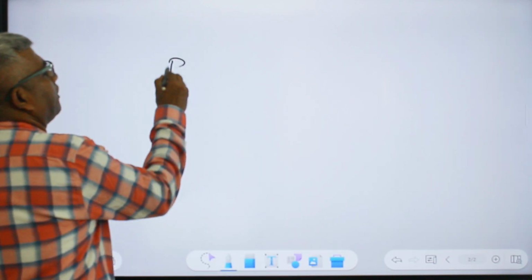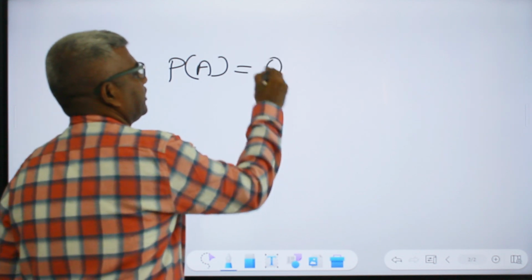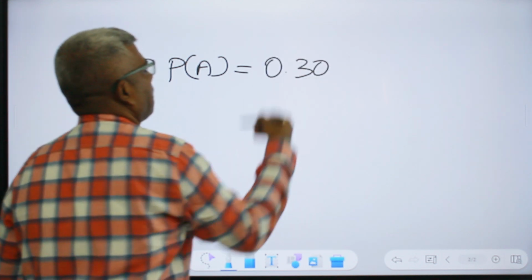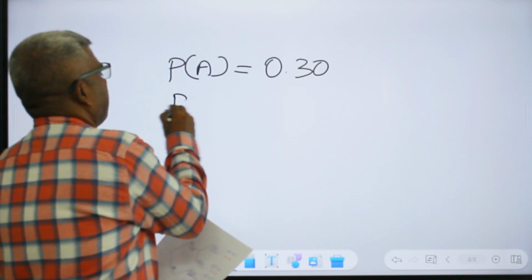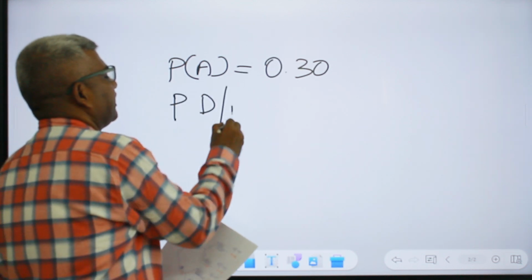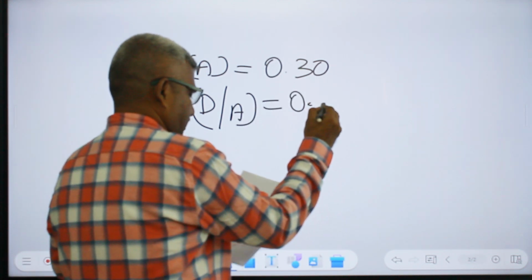In one event, probability of A is 30%. 30% means 0.3. Probability of A is 0.3. Probability of D given A is 0.2.